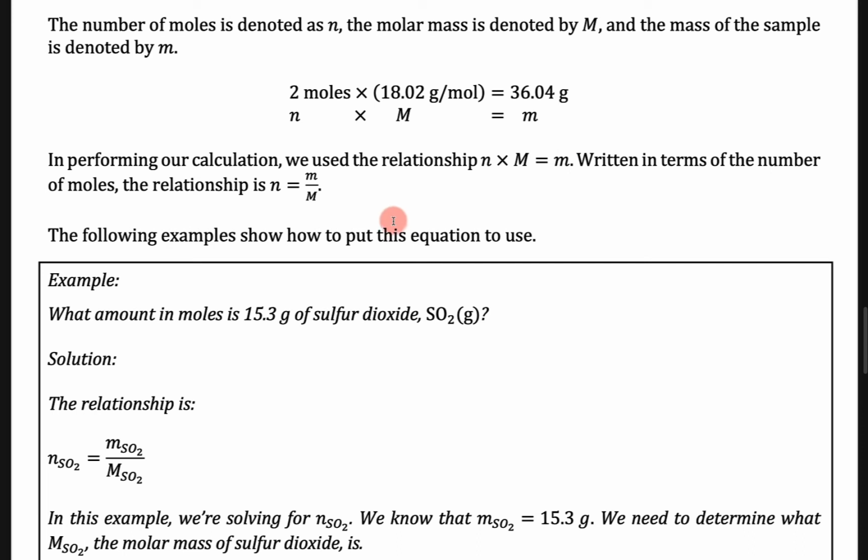So like we saw before, we can equivalently write this relationship in terms of the number of moles. If we just solve for the number of moles, we get n equals lowercase m over capital M. That's the relationship that we're going to put to use in this handout.